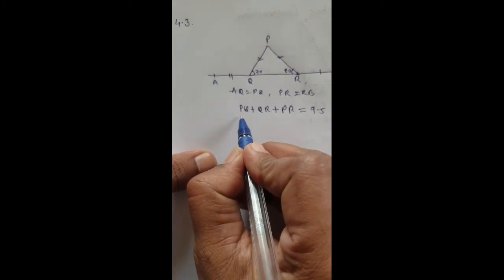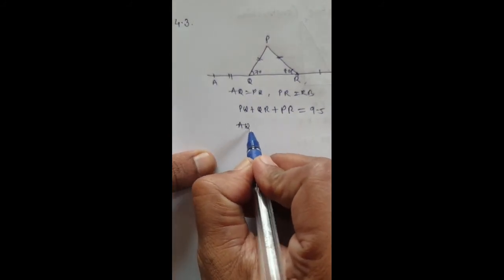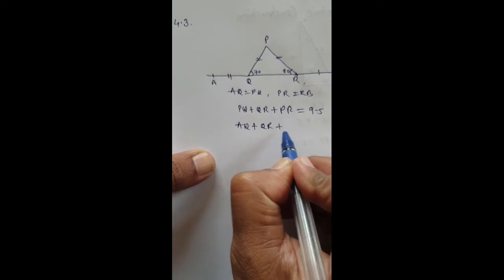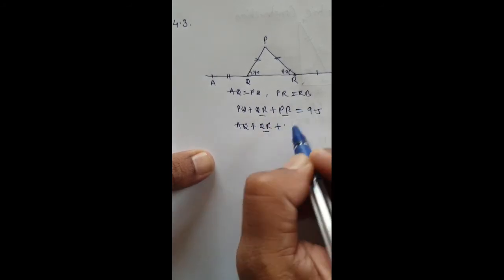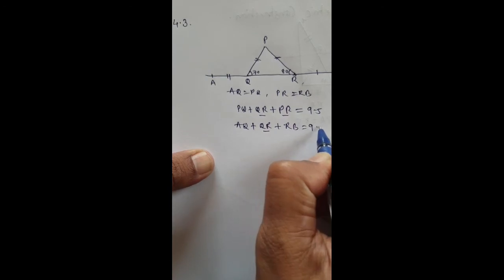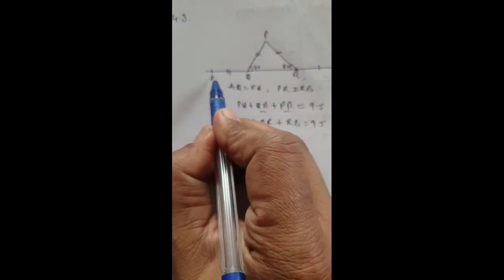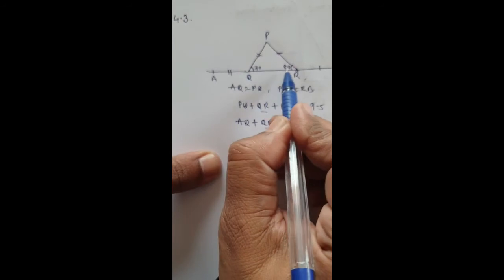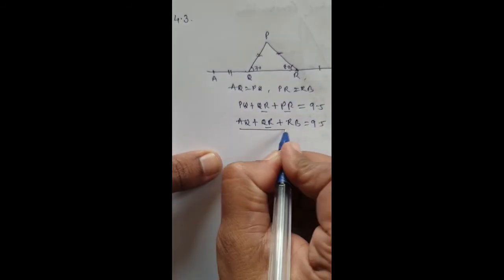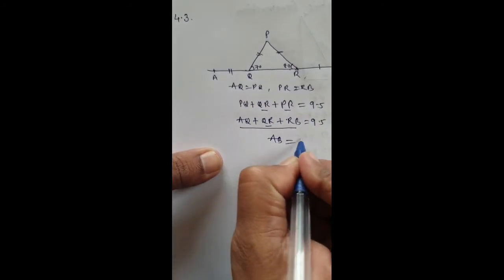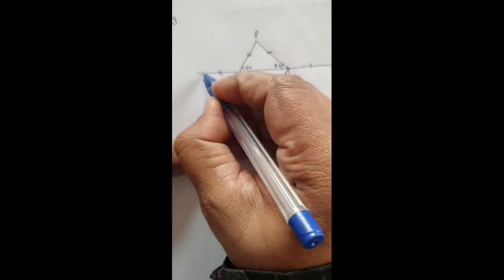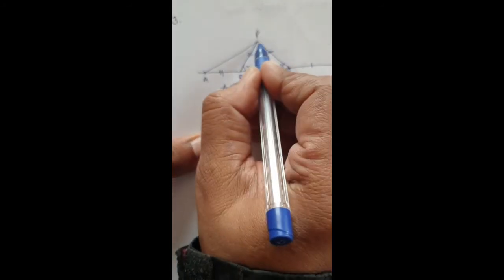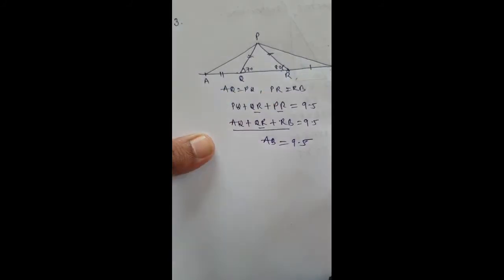So put here PQ as AQ, then QR, and this QR will be as it is. PR will be replaced by RB, and that is equal to 9.5. So if we follow this, AQ plus QR plus RB, the sum of these three sides is nothing but AB, which is 9.5. Then we join AP and PB.